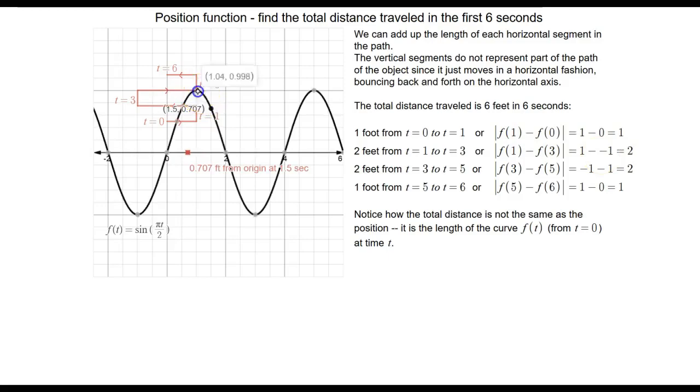If we travel from when t is 1 to t is 3, that's another segment. So f of 1 minus f of 3, again I'm taking the absolute value because I'm finding distances, and that's 2. And then likewise this next segment is of length 2. And I'm getting those lengths because I'm subtracting the function value f of 5 from f of 3. And then lastly, this segment, where I'm subtracting the function value at f of 6 from f of 5.